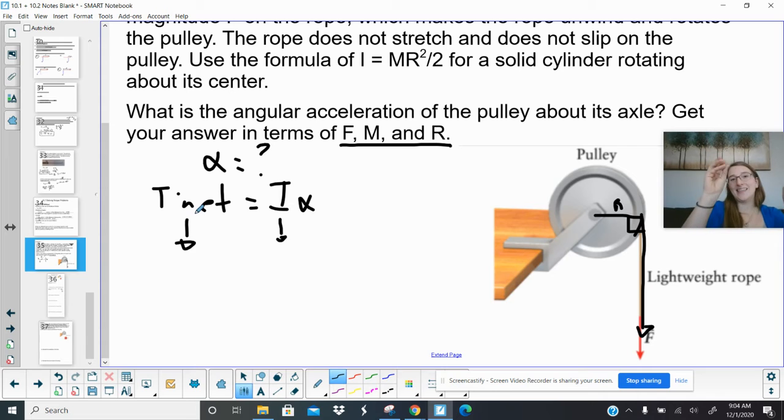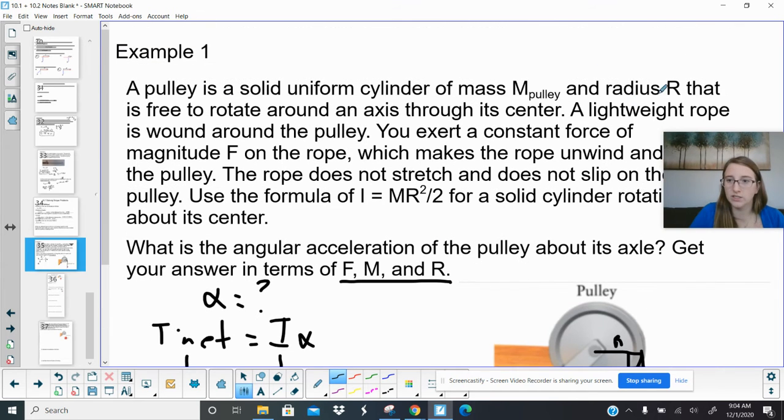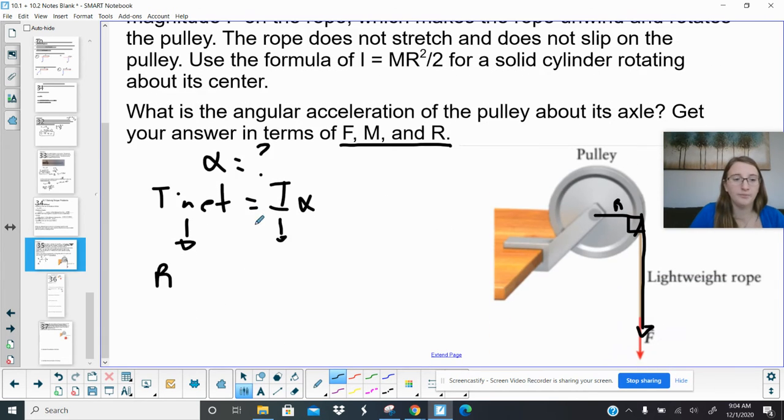So when we look at the net torque, we have the radius, and I'm going to write it as capital R because that's what they told us to use, times just that force. Again, we may have to add other torques working on the pulley, but in this case, it's just the one force. And so that's our net torque.